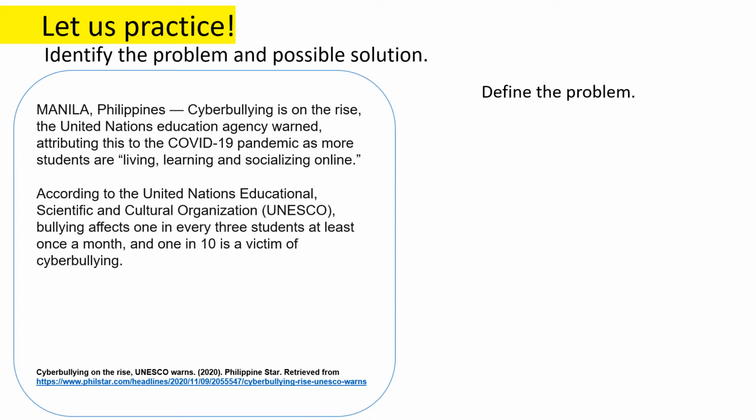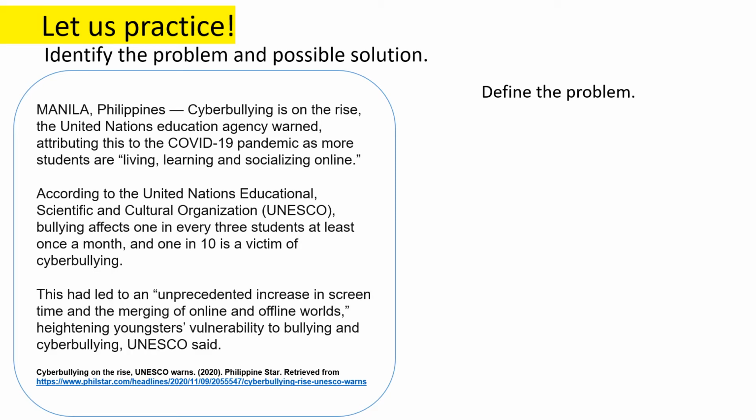According to the United Nations Educational, Scientific, and Cultural Organization, known as UNESCO, bullying affects 1 in every 3 students at least once a month, and 1 in 10 is a victim of cyberbullying. This has led to an unprecedented increase in screen time and the merging of online and offline worlds, heightening youngsters' vulnerability to bullying and cyberbullying, UNESCO said.